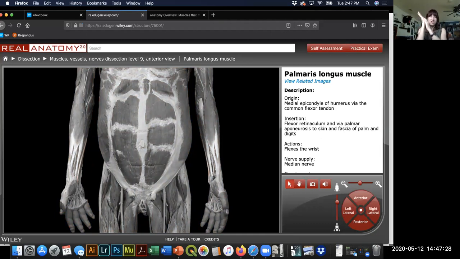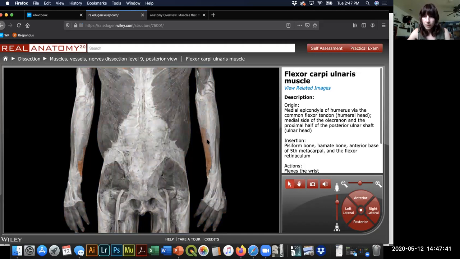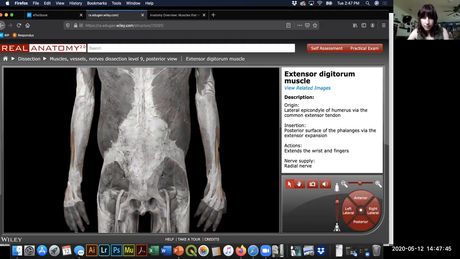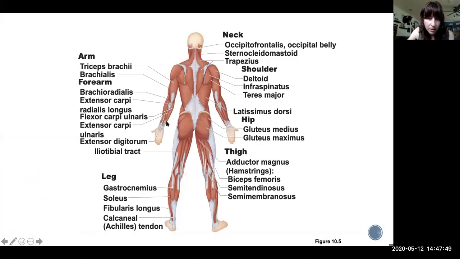And then they are actually synergists for the prime movers, which do this flexion extension motion, which are going to be your Brachioradialis, your Flexor Carpi Ulnaris, and your Extensor Digitorum, okay?